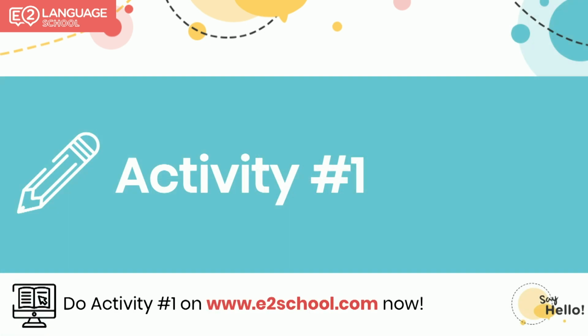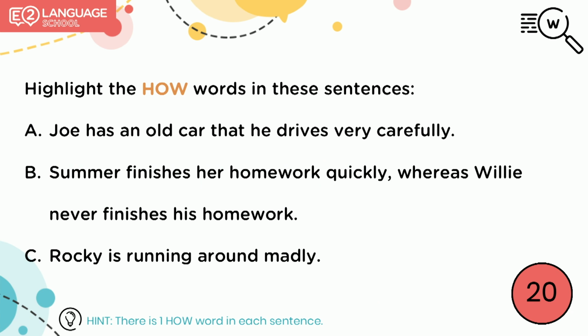Let's do activity 1. If you're on e2school.com, you can actually do this activity on the computer, which makes it way more fun. Okay, let's have a look here. Please highlight the how adverb in these sentences.